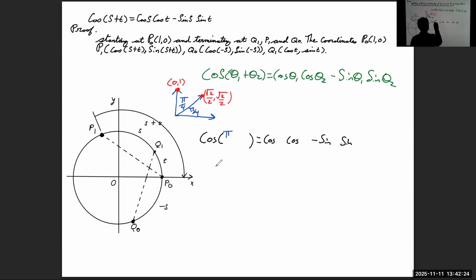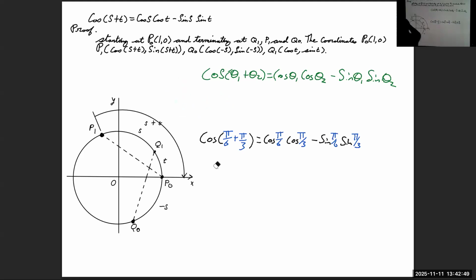Pi over 6, pi over 3, pi over 6, pi over 3. Cosine, cosine, sine, sine. We have to remember there's a negative sign. Do we remember the values of those?